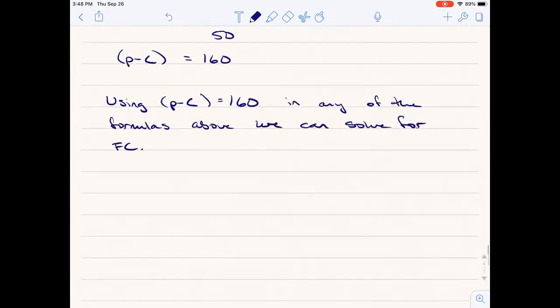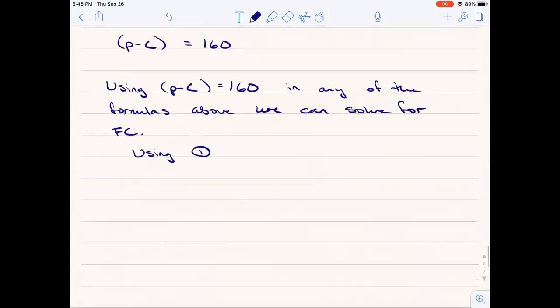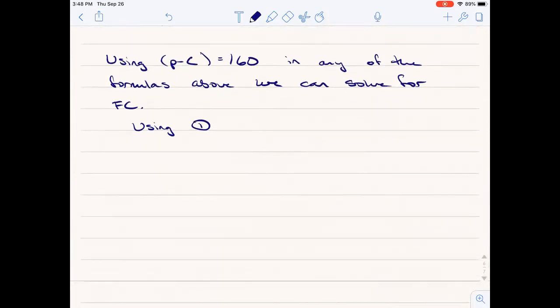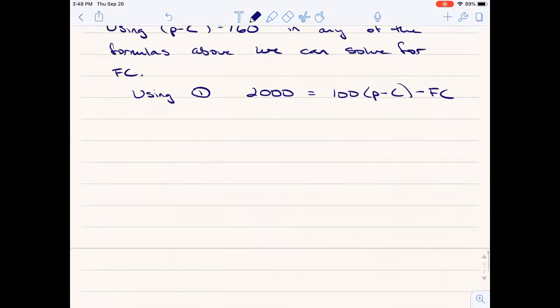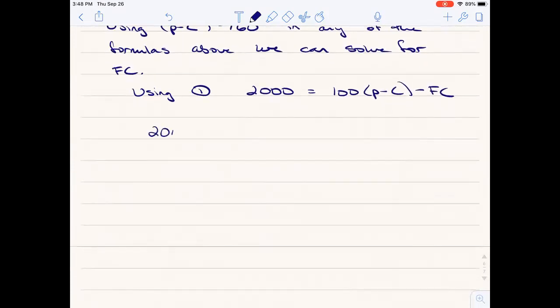So for example, using equation 1, the original one, which says that 2,000 is 100 times P minus C minus the fixed costs. I've got 2,000 is 100 times 160 minus the fixed costs.